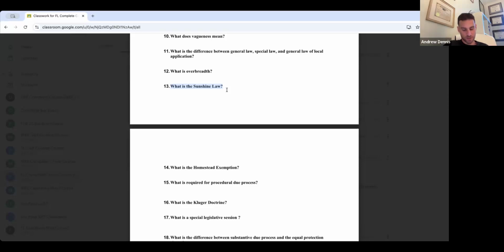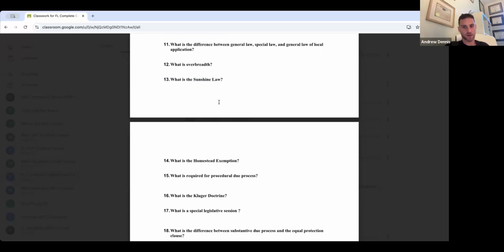We'll talk more about homestead exemption in real property, so don't worry. Homestead exemption, sunshine law. I tell people who study for Florida, make sure you're really competent with the Florida specifics and distinctions, and those are two big ones: sunshine law and homestead exemption.